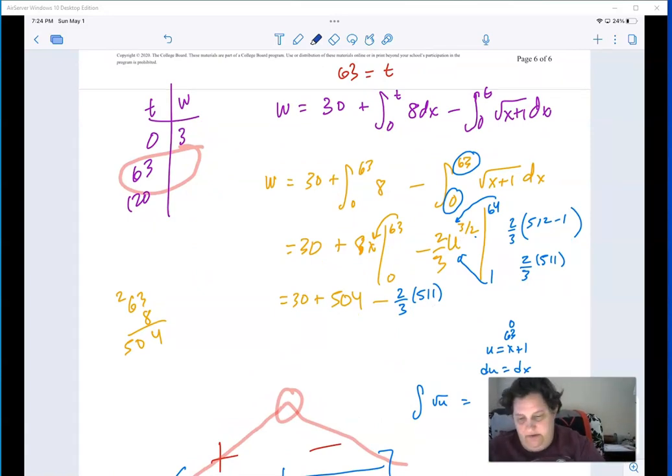Just quick, I'll use a calculator. The maximum amount is going to be 30 plus 8 times 63 minus 2/3 times the quantity, and then the maximum amount, I'm just going to do this real quick, guys.